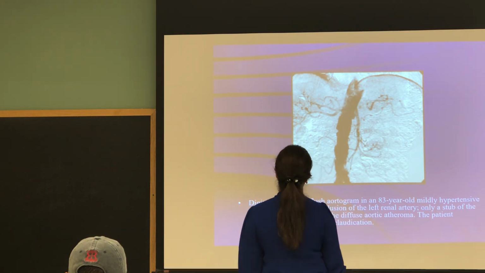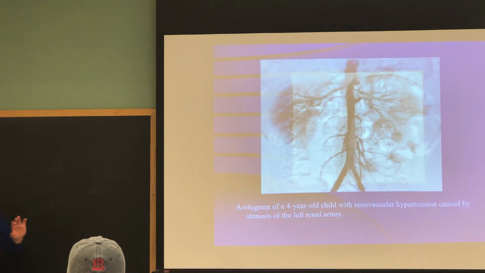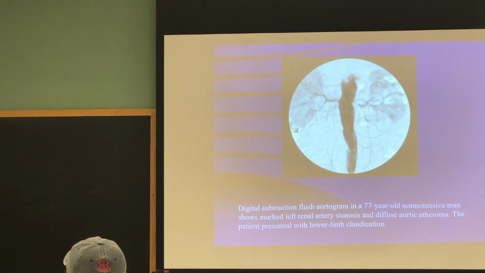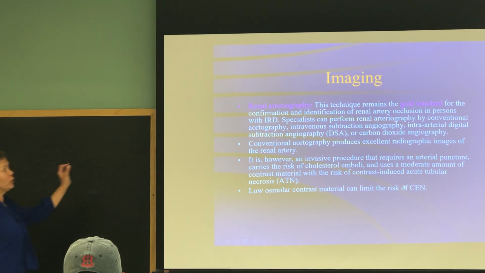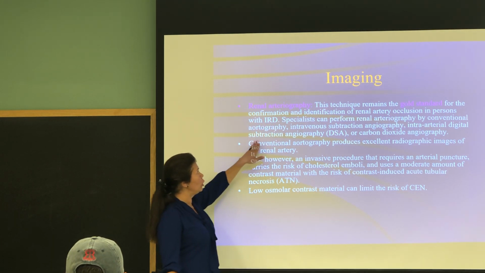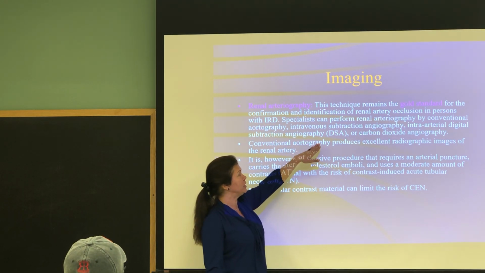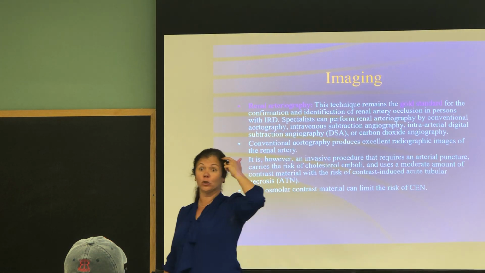Okay? So again, you have a patient. So what else can you do? Not only can you do a renal arteriogram by itself, but you could also use what's called digital subtraction angiography, which we also use for patients with stroke.